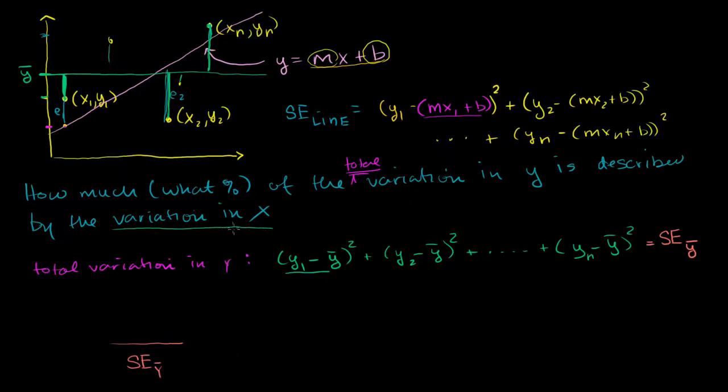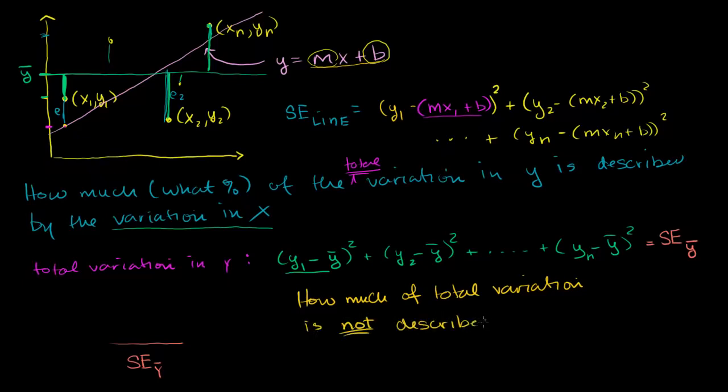Now what is not described by the variation in x? We want how much is described by the variation in x, but what if we want how much of the total variation is not described by the regression line?